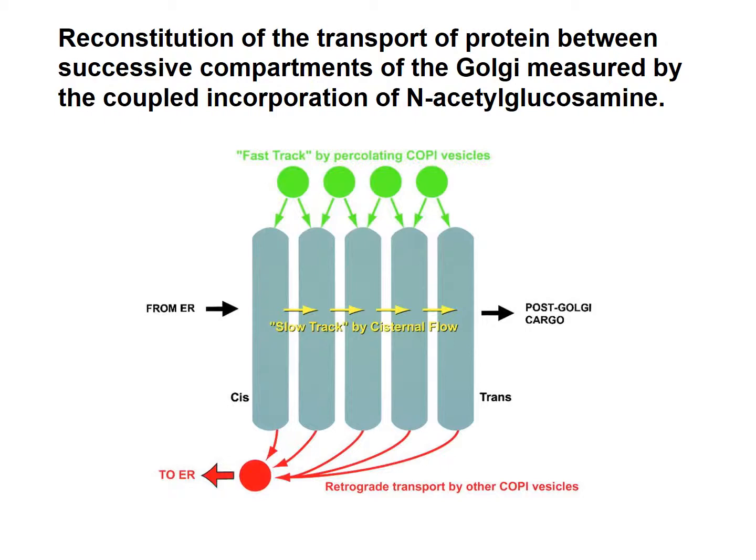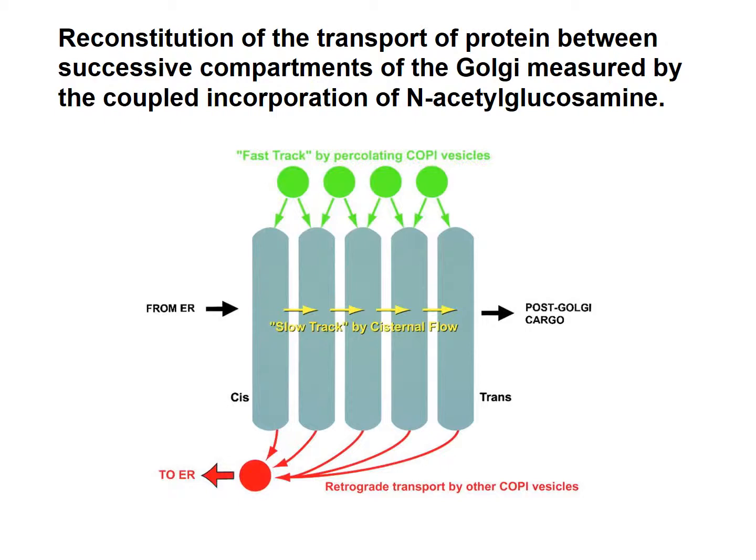So this is a reconstruction of transport between the different stacks. You may not have remembered this from basic biology, but the Golgi looks like flattened stacks, and the stack closest to the ER is said to be the cis. The stack furthest is called the trans, and the one in the middle is called the medial.